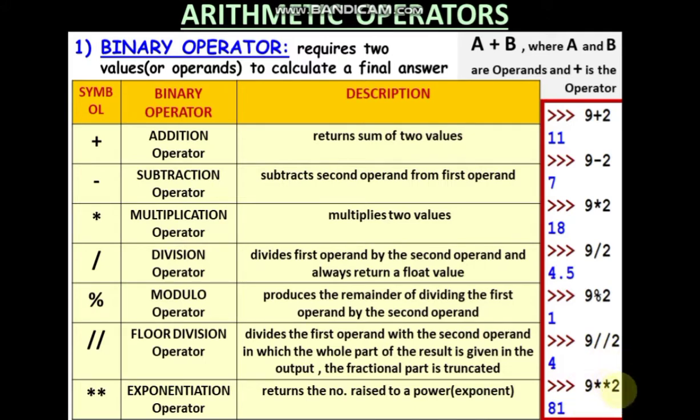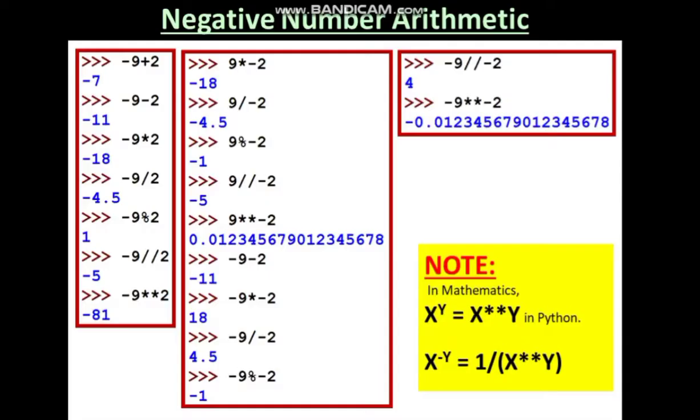This you know in mathematics: 9, and if we write superscript 2 at the top, then 9 to the power 2 is 9 into 9, that is 81. So hope you have understood arithmetic operators. And some arithmetic with negative numbers. So you know negative number calculation, like minus 9 plus 2 is minus 7 and minus 9 minus 2 is minus 11.